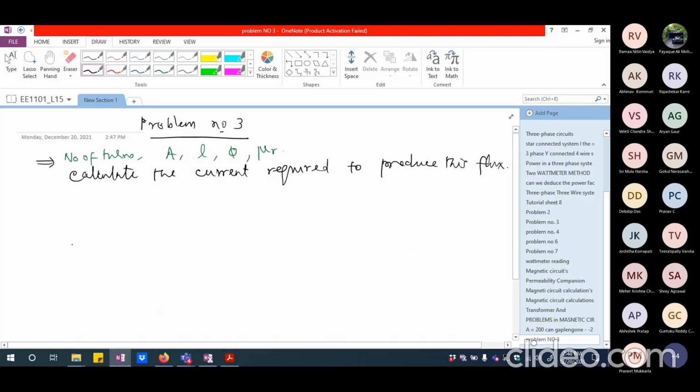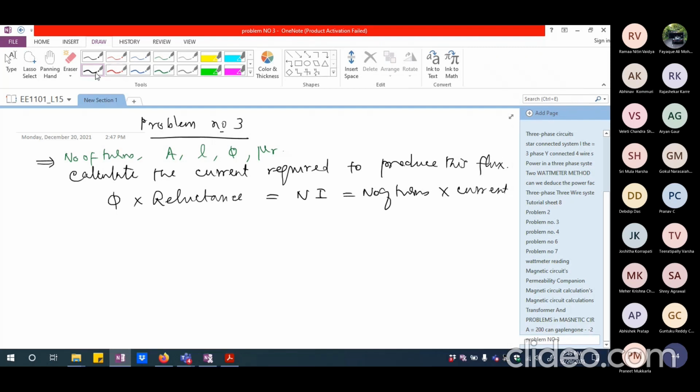So we know that the flux multiplied by reluctance will give me N multiplied by I, that is number of turns multiplied by the current. Now, how will we get the reluctance?